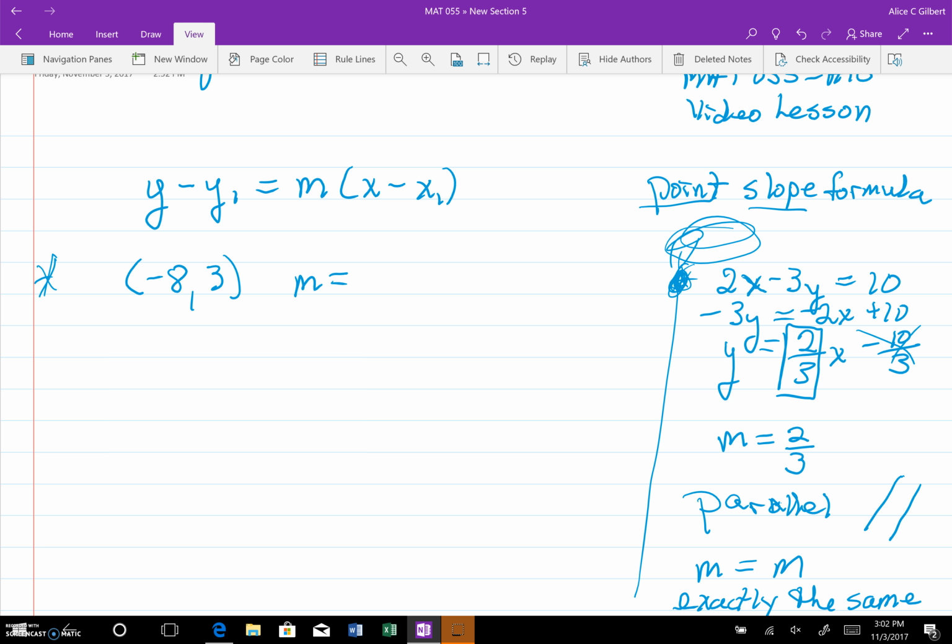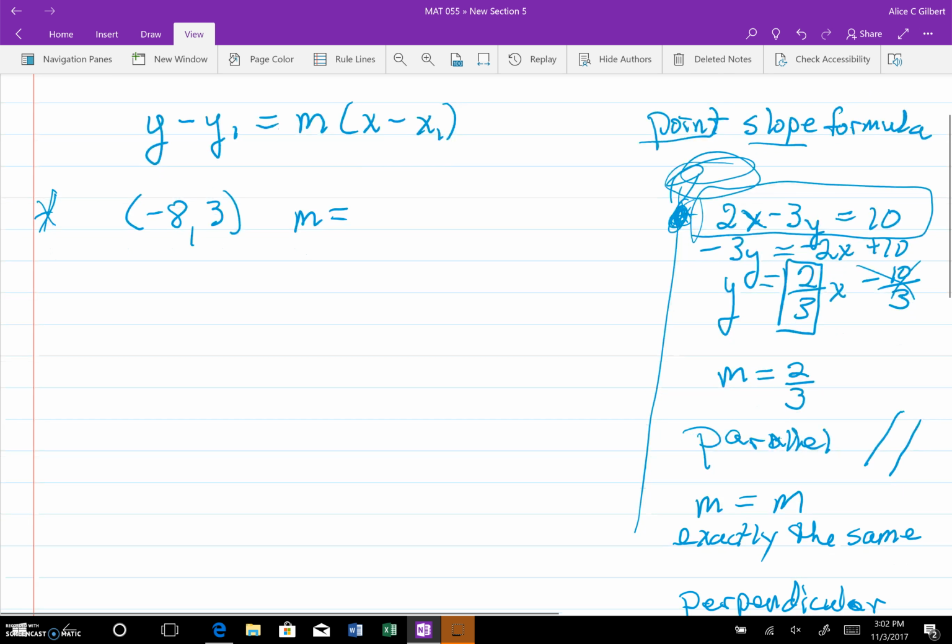All right, so let's say the direction said, write the equation of the line going through the point -8, 3, and parallel to this equation. So we found the slope of this equation. It's this right here. And parallel means that slopes are the same. So I just put this here. And again, now I'm done with this. I don't care anymore.